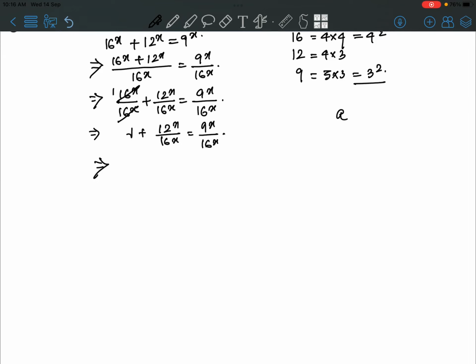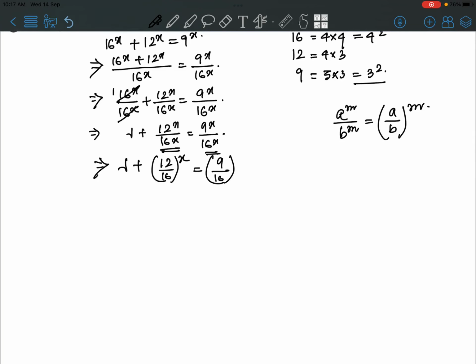We will use a to the power m divided by b to the power m can be written as (a by b) whole to the power m. The same formula applies to this one and this one. So, we can write (12 by 16) to the power x equals (9 by 16) to the power x. Now, we are going to reduce 12 by 16.